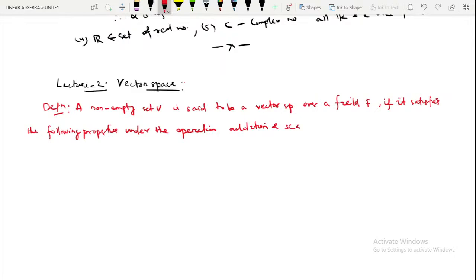Okay. So what are the properties of this addition and scalar multiplication? First I will write some properties of addition.